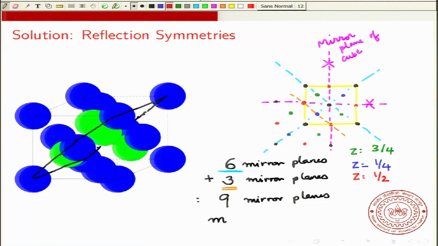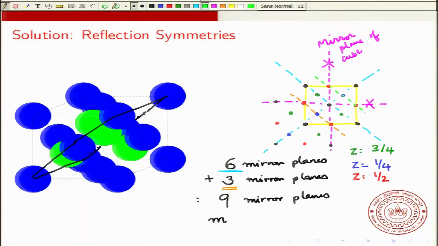The subtlety has to do with the fact that we considered only one of these planes. Now, you could consider other planes. For example, let me show this. You could consider a plane like this.